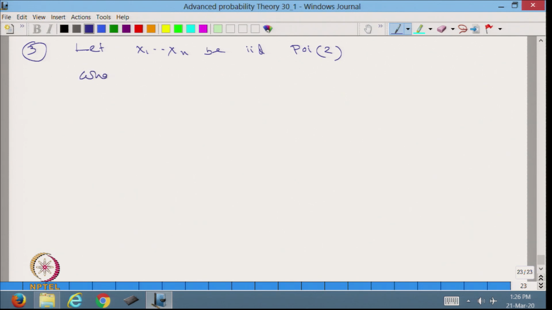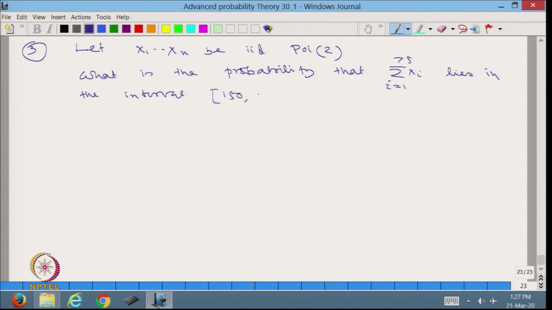What is the probability that the sum of Xi, i equal to 1 to 75, lies in the interval 150 to 170?